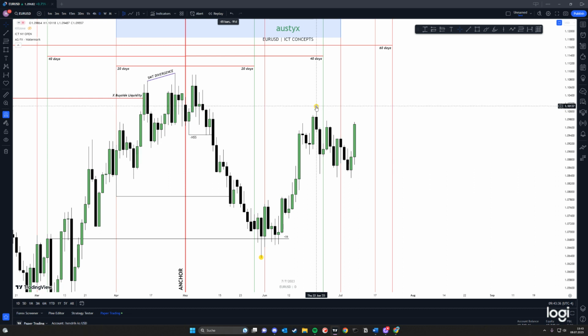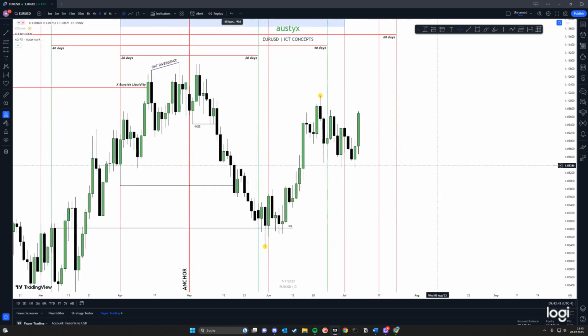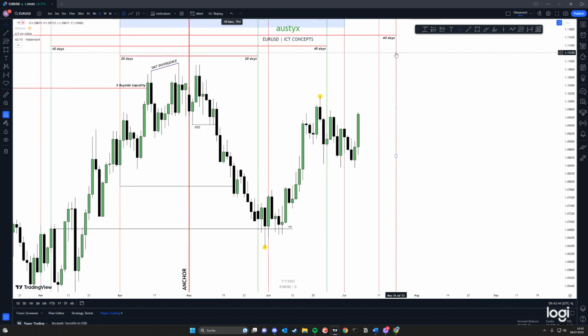That's also why I anticipated price to drop below, because I wanted to see some change in market delivery. But it doesn't necessarily need to bounce around just because it's another day extension. It doesn't say that this must be bearish.